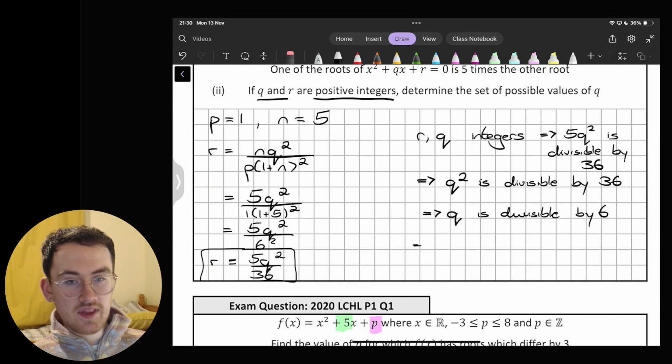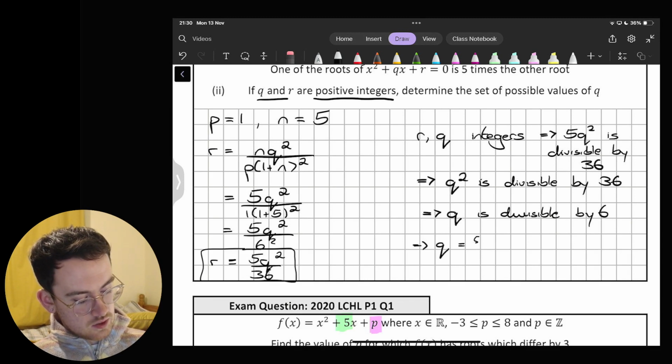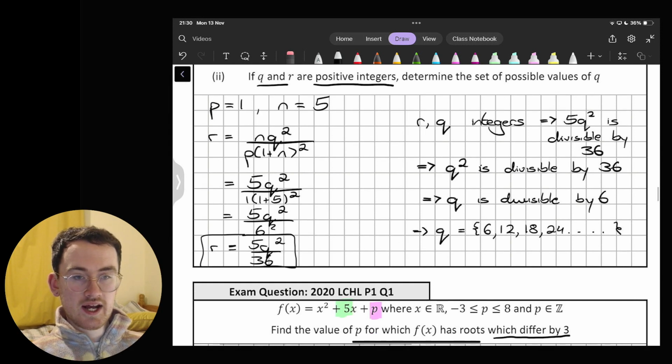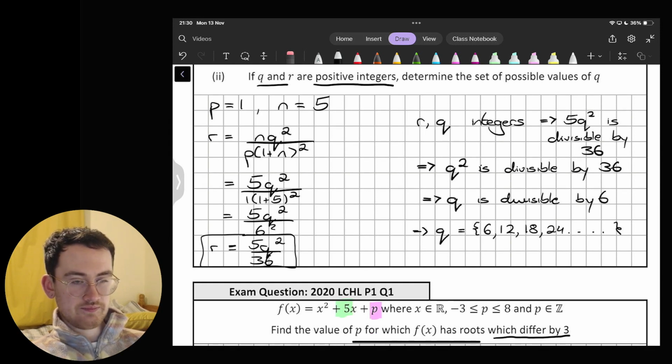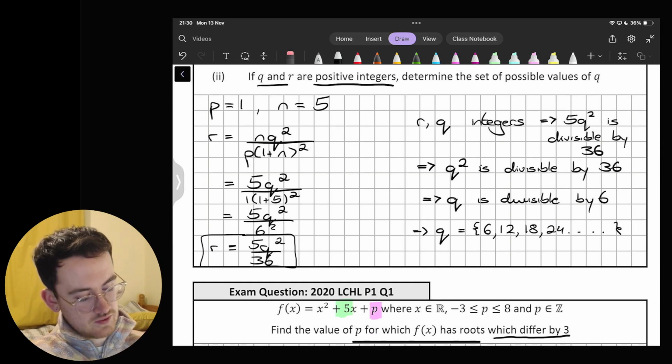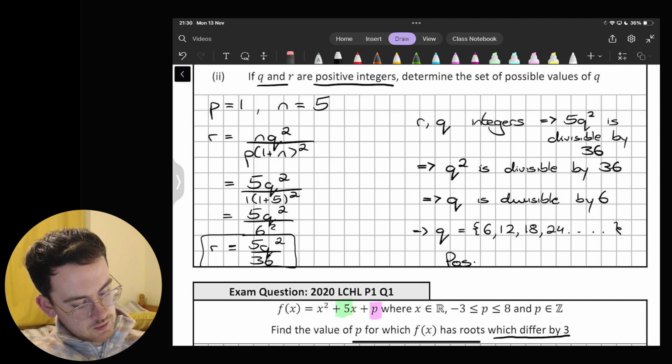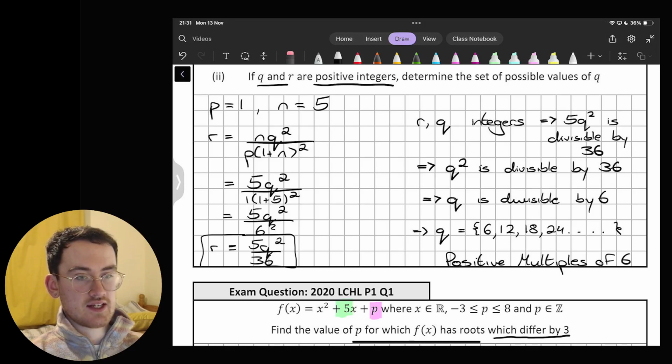And we end up then that q is going to be the set of multiples of 6. Okay, positive multiples because r is positive, but also I suppose because q is squared anyway. But we know q as well is positive. So positive multiples of 6.